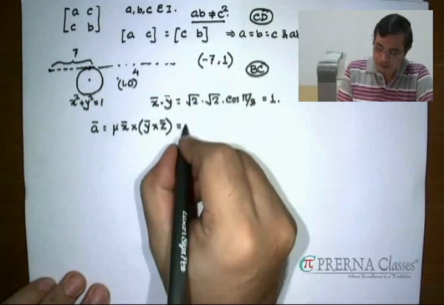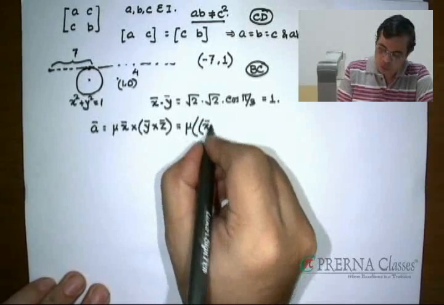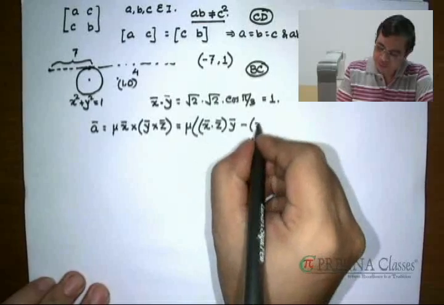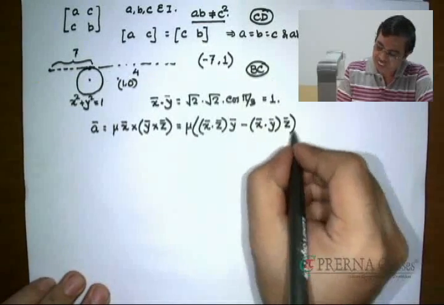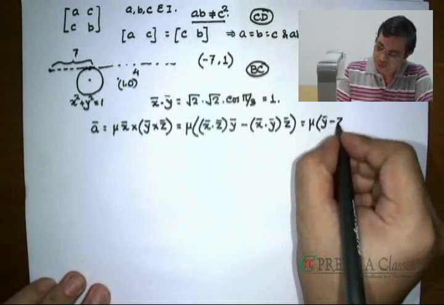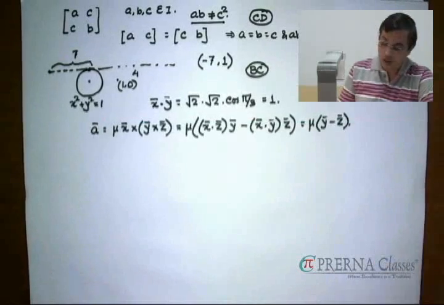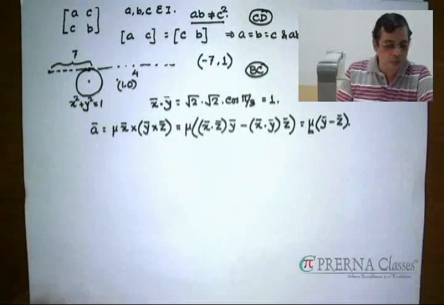Using the vector triple product formula, we can state that this must be equal to this vector. What remains then for the various options is for us to determine the value of mu.